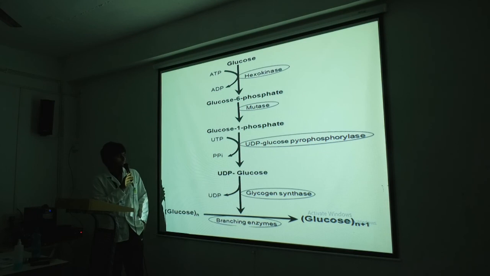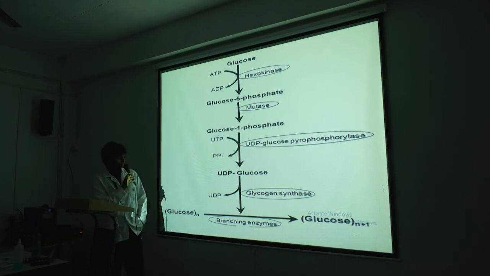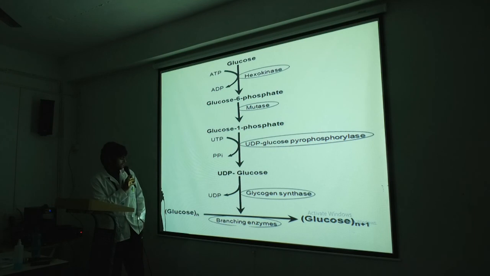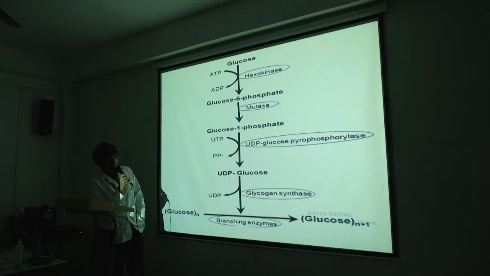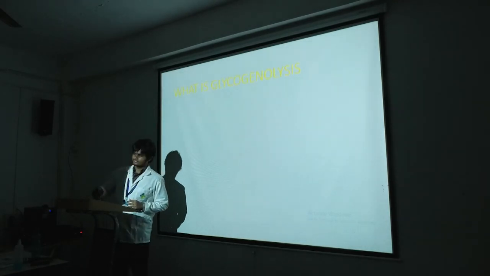So UDP glucose molecule is formed. Then glycogen synthase enzyme is added, and at last the branching enzyme is working, and the glycogen is formed. So thank you.